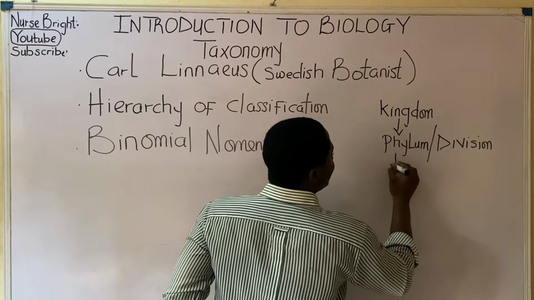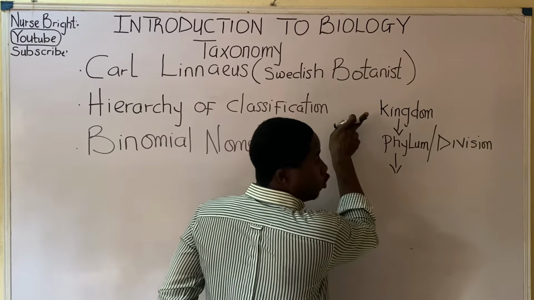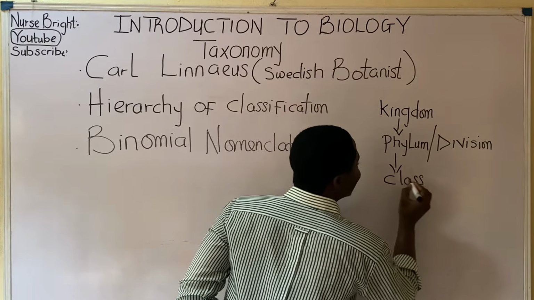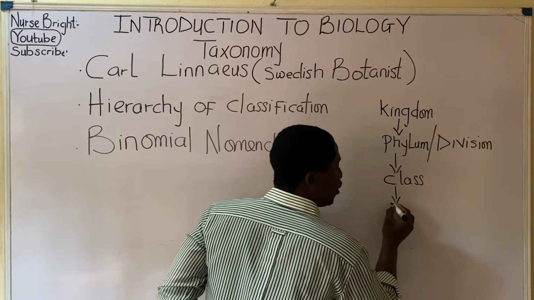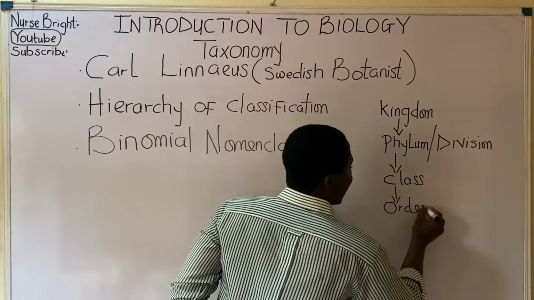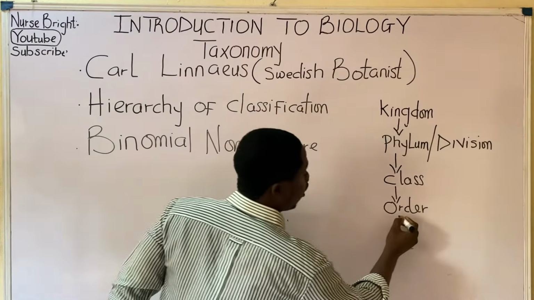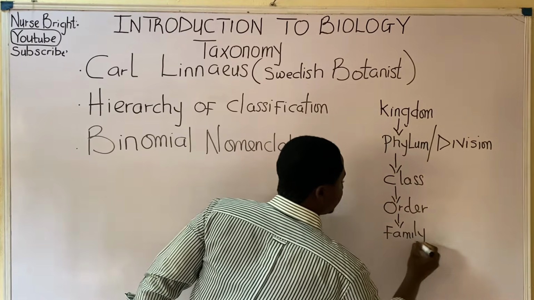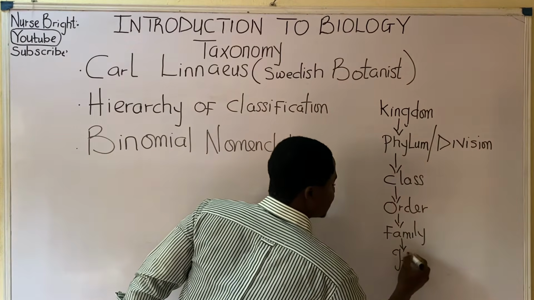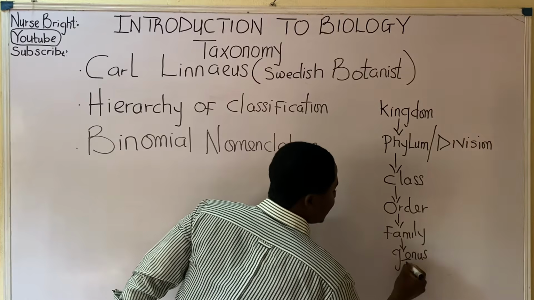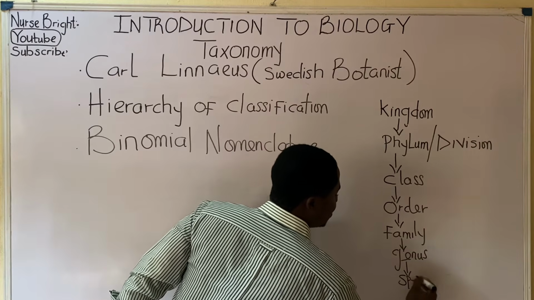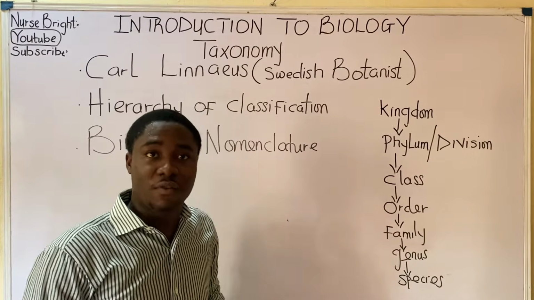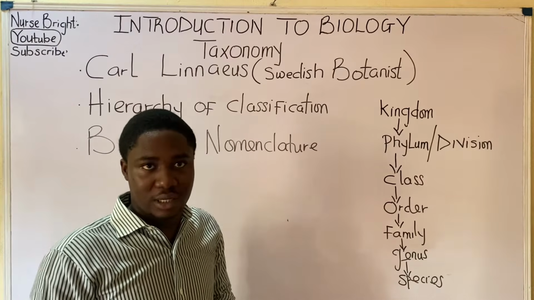After this, we have class. After class, we move further to order. After order, we move to family. After family, we move to genus. And lastly, species. So this is the hierarchy of classification of living organisms.